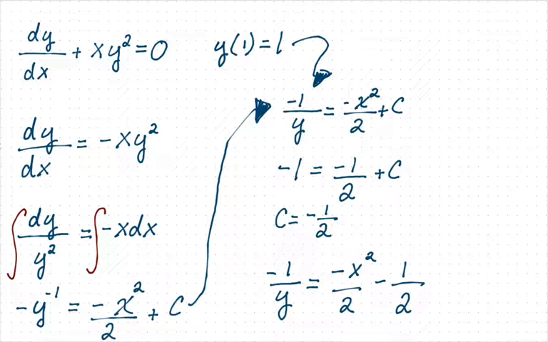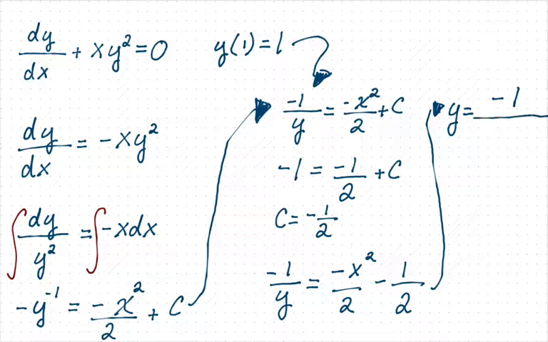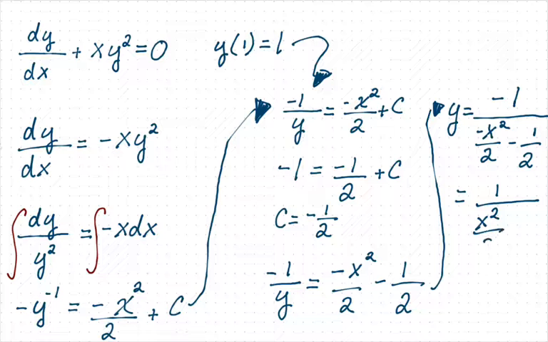And now I should solve for y, since it's not particularly difficult to do so. So y is equal to negative 1 over negative x squared over 2 minus 1/2. And some of you may have done it slightly differently and gotten this instead, but they're the same.